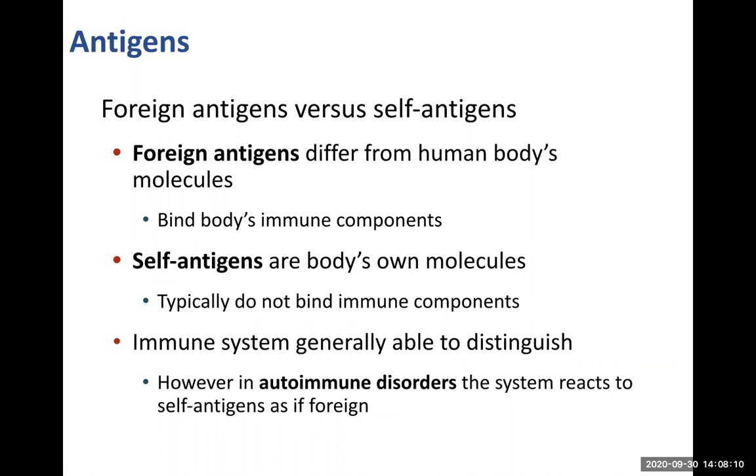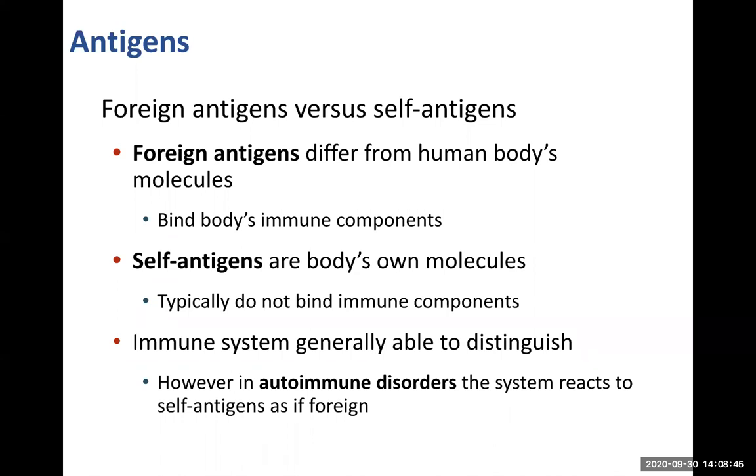Our immune cells need to be able to see cells that belong to us and leave those cells alone, and differentiate them from cells that are foreign, because aside from cancer cells, and there's a little caveat to that too, pathogens come from outside of us. They are cells, or viruses that infect cells, that are foreign.